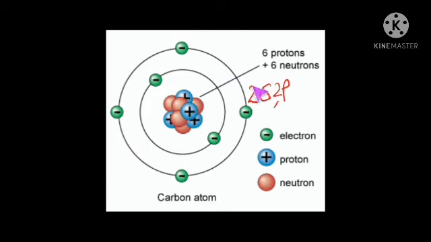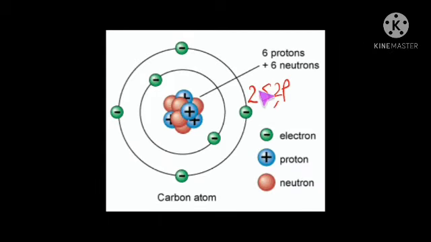And for 2p, it doesn't mean that we have two p orbitals. It means the p orbital here belongs to the second energy level. So we put 2 and 2 here; it doesn't mean the number of orbitals, it means which energy level the orbital belongs to.